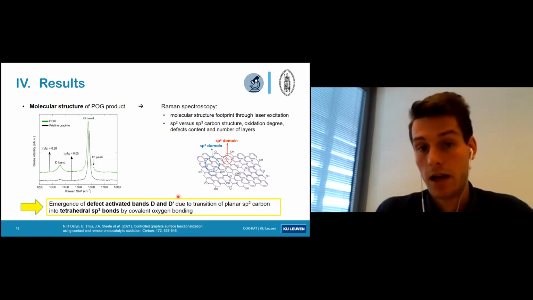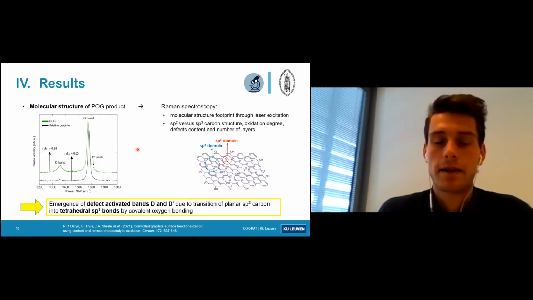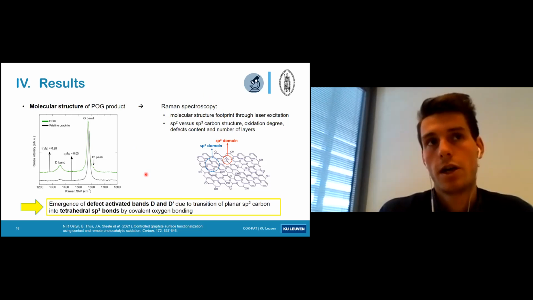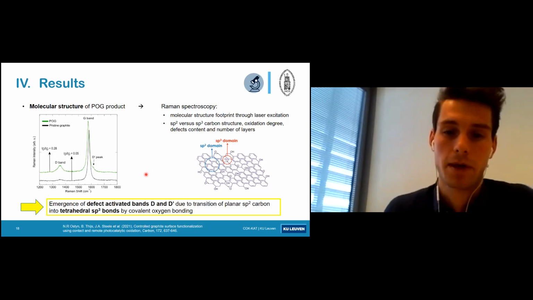This is shown by the structural characterization method Raman spectroscopy. The transformation of the flat sp2 carbon hybridization into sp3 hybridized carbon is shown by Raman spectroscopy.